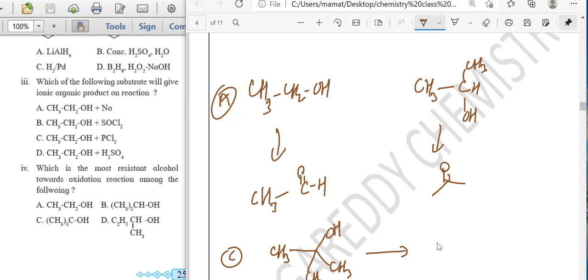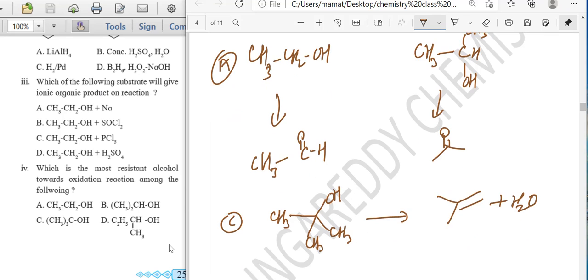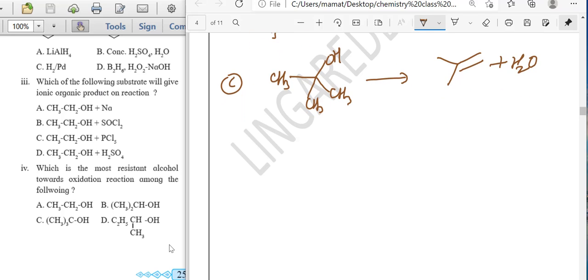It is forming alkene and water. Okay. So C is the option. Why? Because it is releasing water molecule instead of H2. Okay. Question number 4, right? Question number 4, the answer is C.